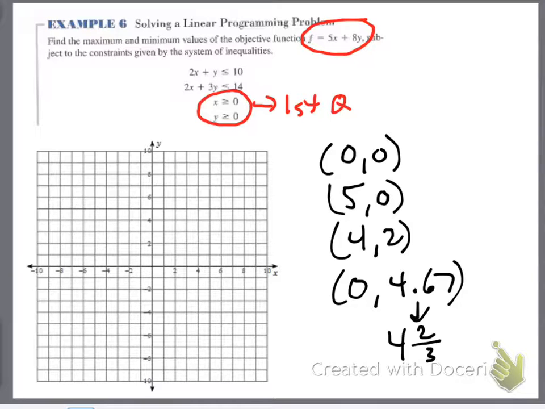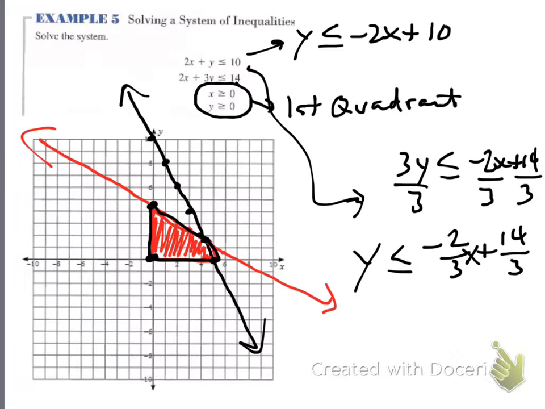I'm not going to graph it again here. Here's the graph, but you need to find the coordinates of those 4 points, because those are the vertices of your region, the common shaded area.